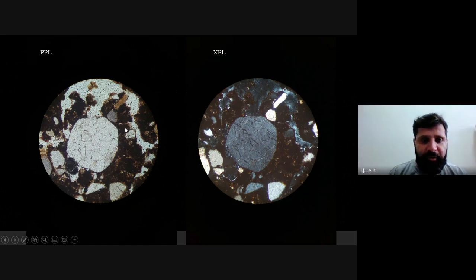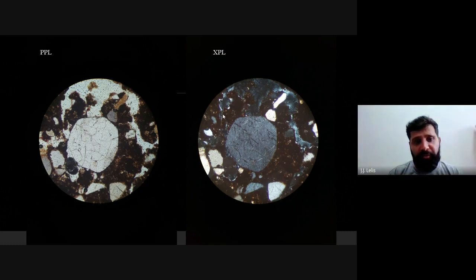So if the fine fraction has the same color in the PPL and XPL, it tells us, okay, maybe this fine fraction is rich in soil organic matter, or it's rich in iron or manganese oxides, or only that they are not well selected.